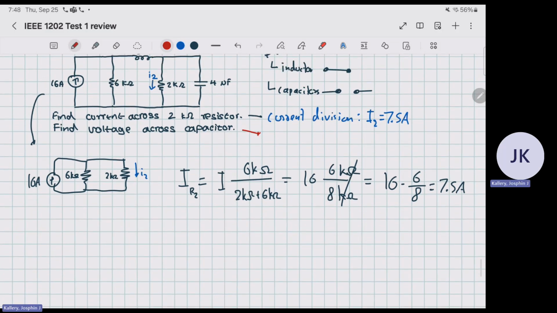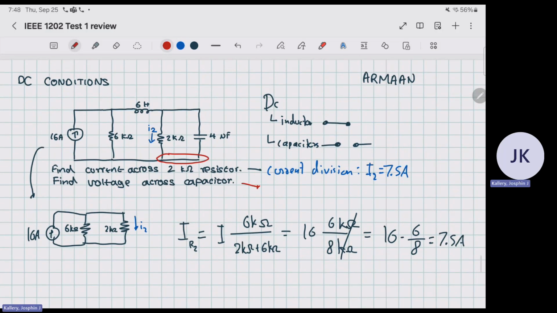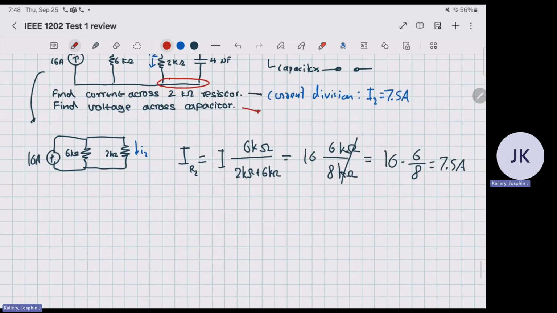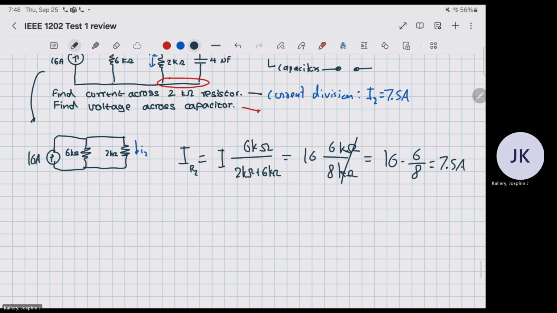Okay. Now we need to find the voltage drop across the capacitor. Remember, the capacitor is in parallel with the resistor because they share the same starting and ending nodes. So if we find the voltage drop across the resistor, we find the voltage drop across the capacitor. So let's write it like this. VC equals VR, the 2 kilo ohm resistor. This is Ohm's law: the voltage drop across a resistor is current times resistance.